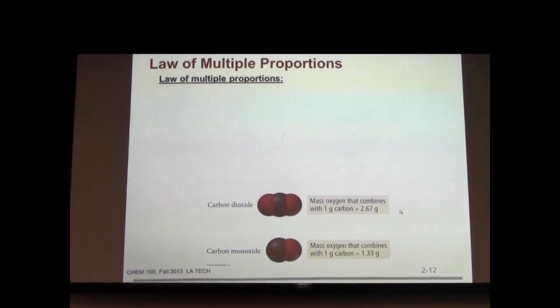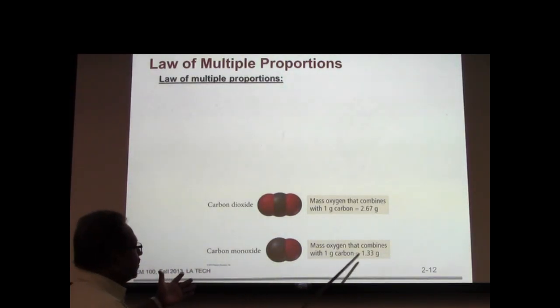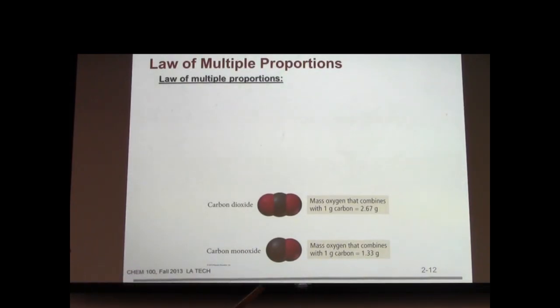If you didn't understand this at the atomic level, why is there a 1 or 2 that's multiplied with this? Carbon monoxide multiplied by 2 is 2.67. Why do you get that ratio? Atom has a mass, right? There are 2 oxygen atoms there. There's only 1 here, right?